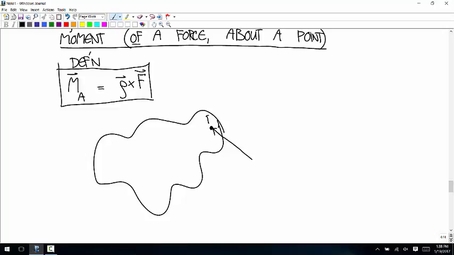Let's call this point P and the force F. And this point A is the point that we're calculating the moment about. So let me label these. This P is the point where force is applied. This A is the about point.